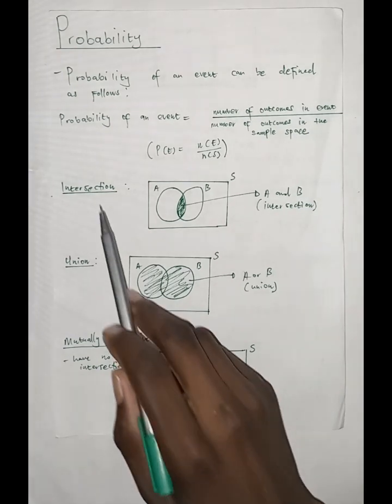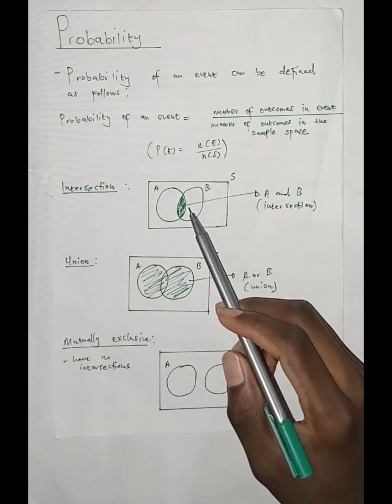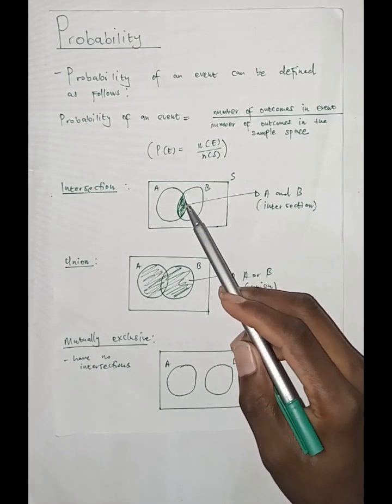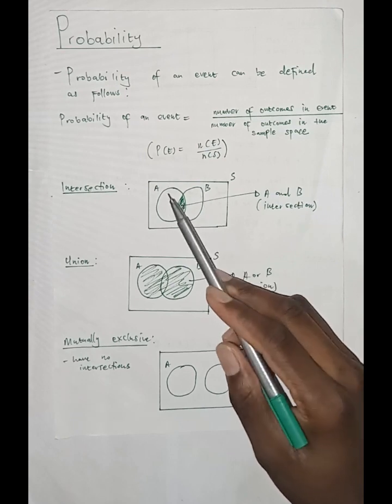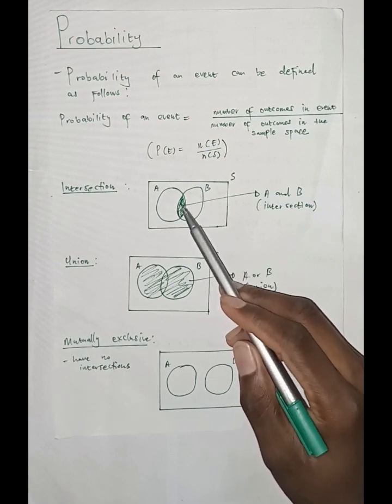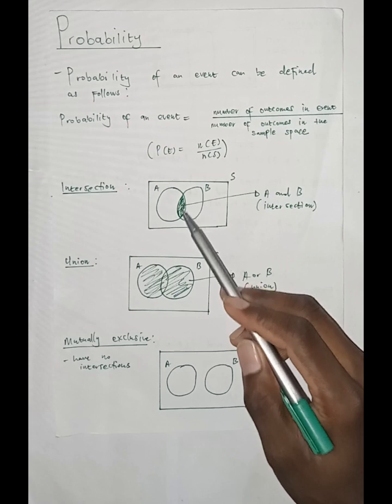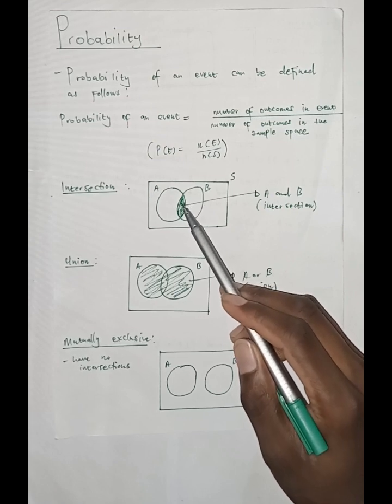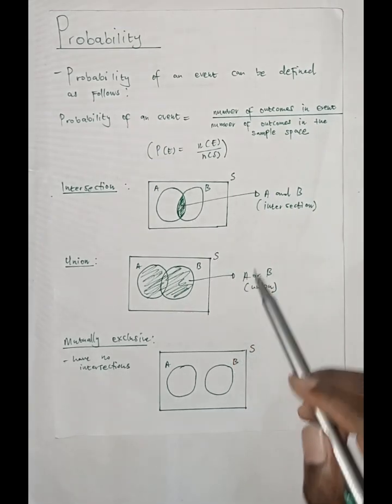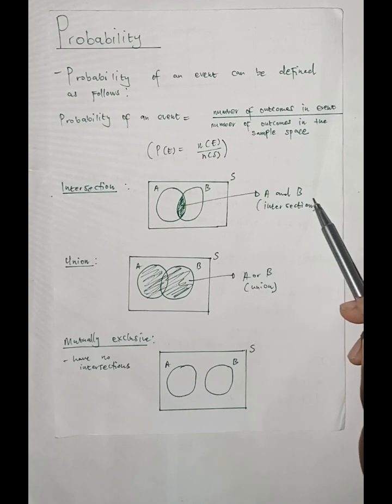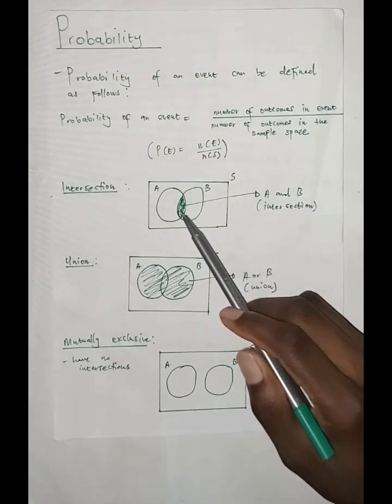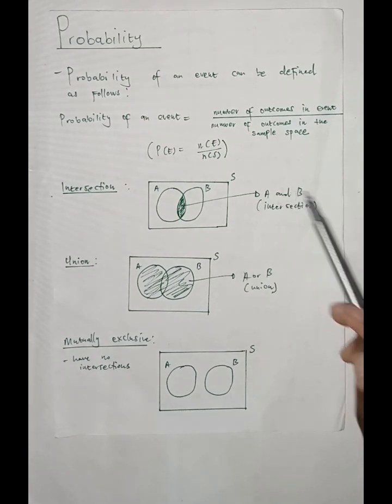Now, first of all, we have intersection. The intersection is where B and A meet. So this part over here, that's the intersection of A and B, and it is called A and B. In terms of probability, you would say this is the probability of A and B.